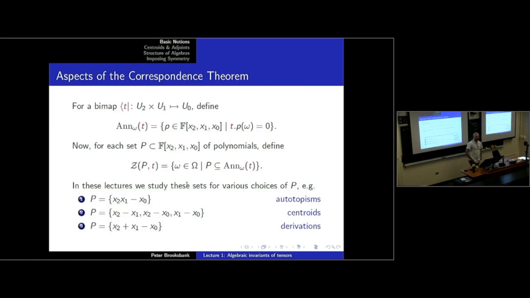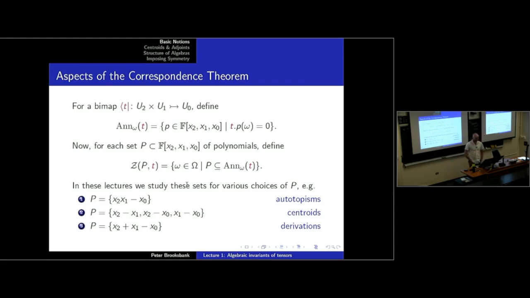Great. So if you remember, there was this set that James introduced in his talk yesterday, this annihilator set. For a fixed omega, you can define an action of this polynomial ring via the element omega, and then the annihilator related to omega of this particular tensor is all of the polynomials for which, when you evaluate at that particular omega, they make it vanish.